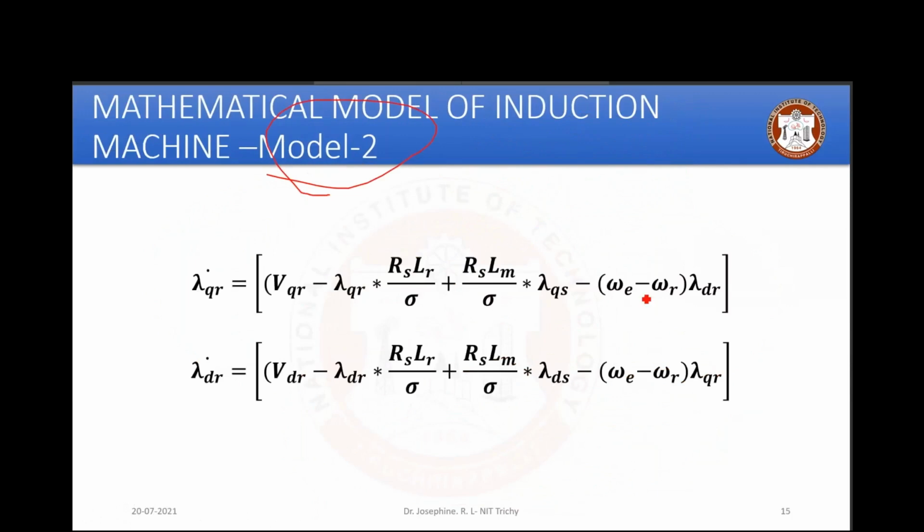Obviously, whatever the reference frame, here it is the synchronous reference frame. In this omega e minus omega, obviously the EMF generated in the rotor will be due to the air gap flux relative to the rotor speed. That is why the rotor currents are a bit less compared to the stator currents.